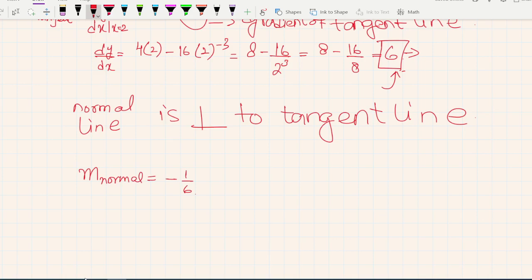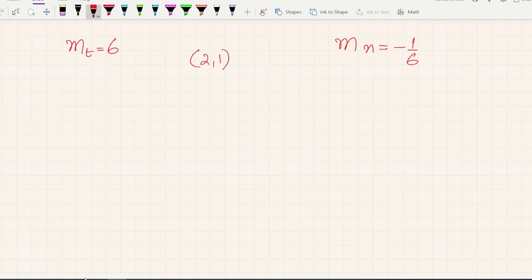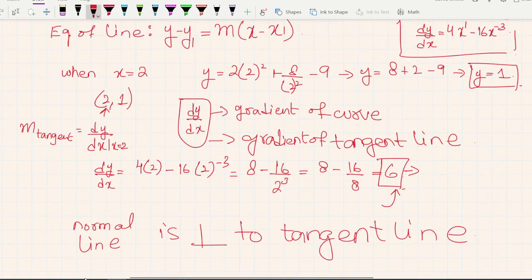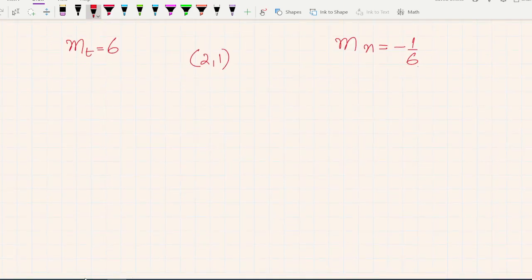Now we have everything that we need to find the equation of the line. We know that the gradient of tangent is 6, the gradient of normal is negative 1 by 6, and both lines pass through 2 comma 1, the point which we found earlier. The formula for the equation of a line is y minus y1 equals m times x minus x1.